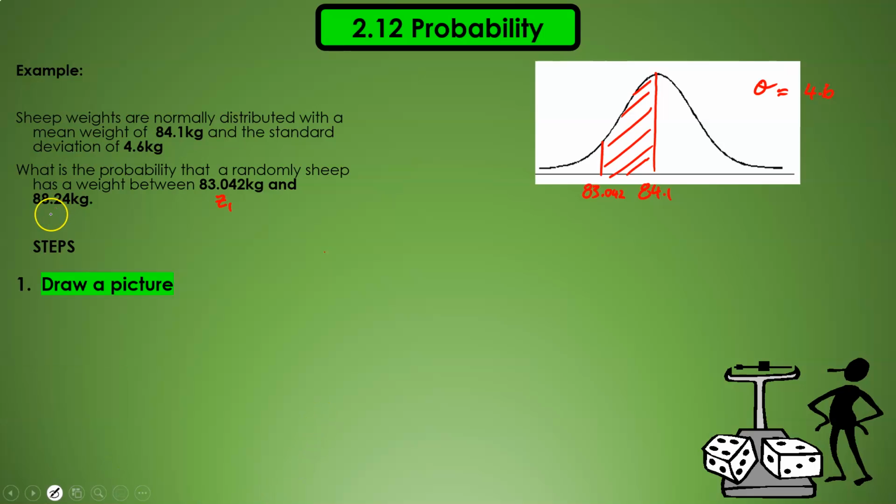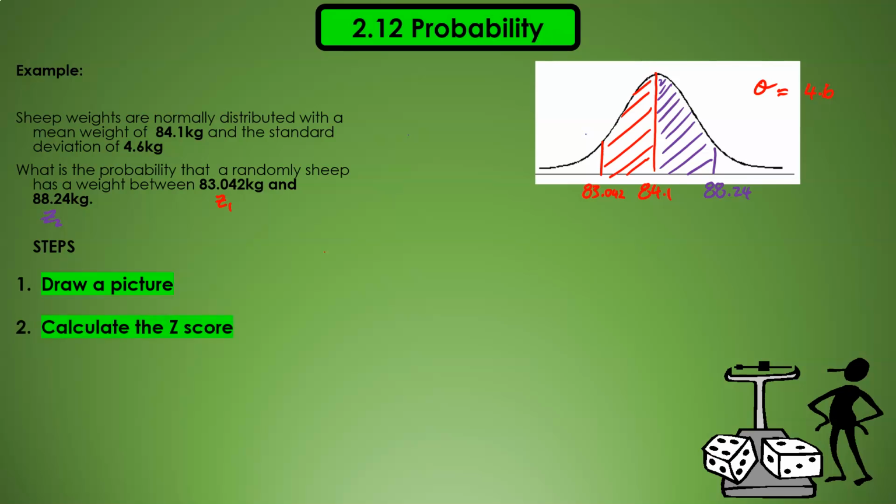Now, the second value, which I'm going to call Z2 in purple, 88 is bigger than 84, so we're going to put it up here. And that's going to represent that area. Alright, so that's the situation. We've got these two areas we've got to work out and add them together.